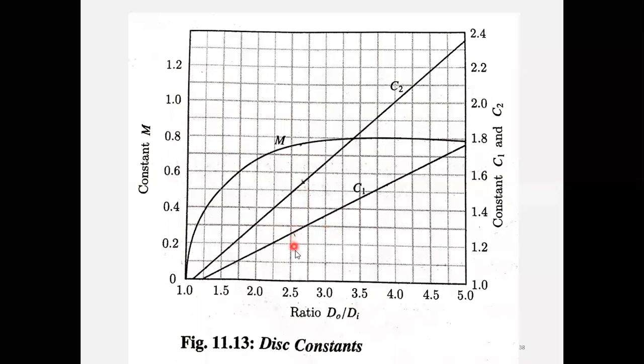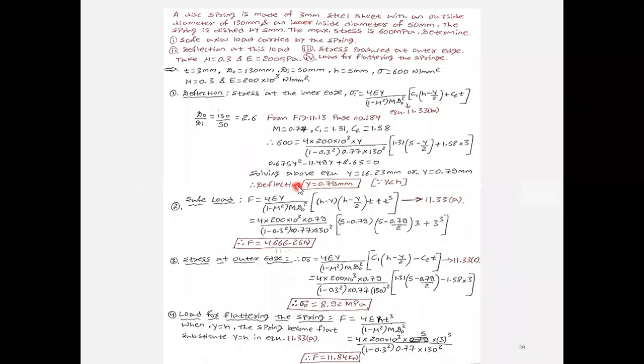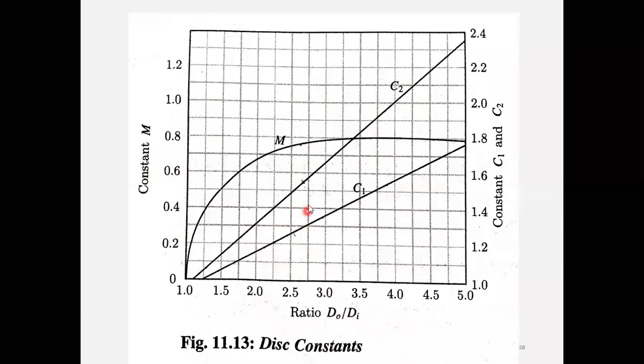You see that this is the C2 inclined line. Where it coincides, it will coincide at this point. From this point you will get the value of C2. You just extend this, and I am going to get the value of C2 as 1.58.